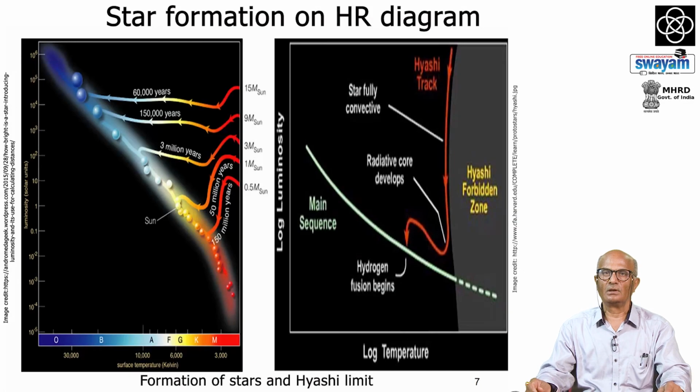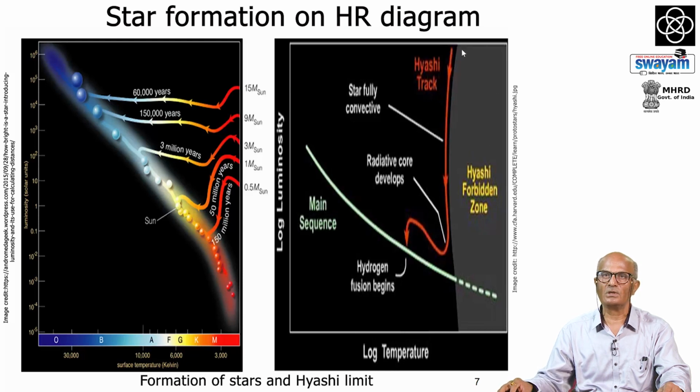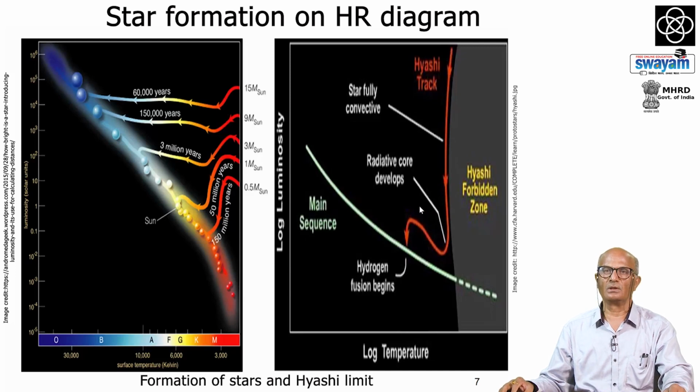So, this is the HR diagram where the protostar appears for the first time, and in this part of the diagram you will see this is the location, and this is just a sketch diagram showing the physical processes involved. This track was first worked out by Hayashi, and that is why it is also called the Hayashi track.